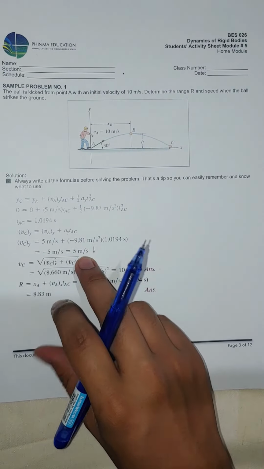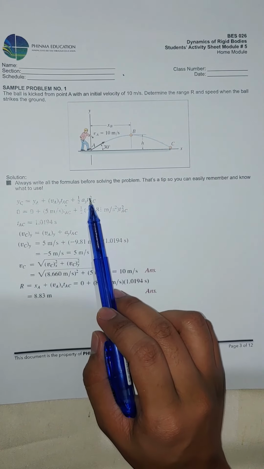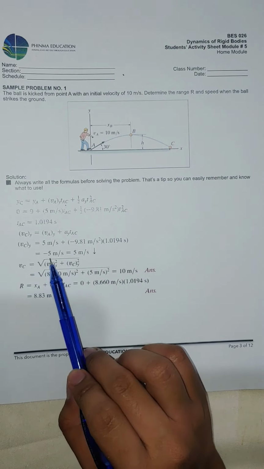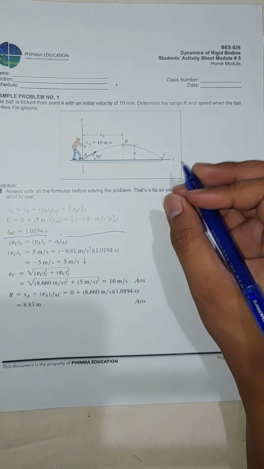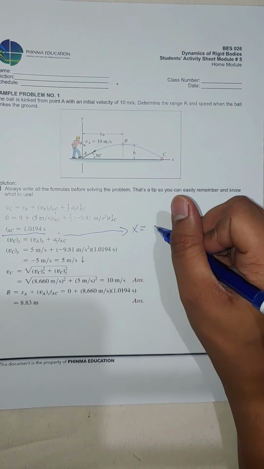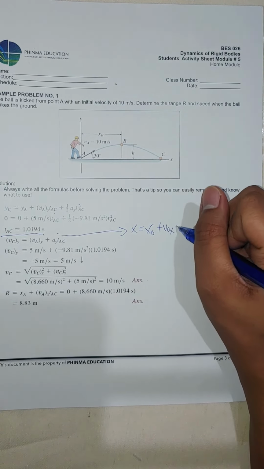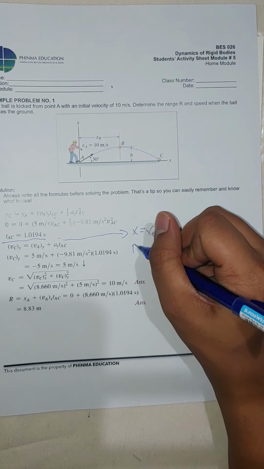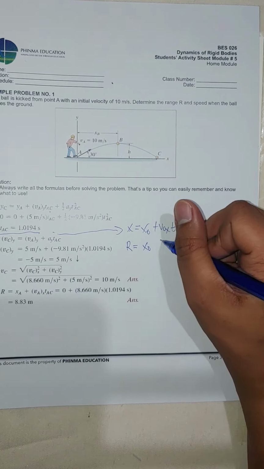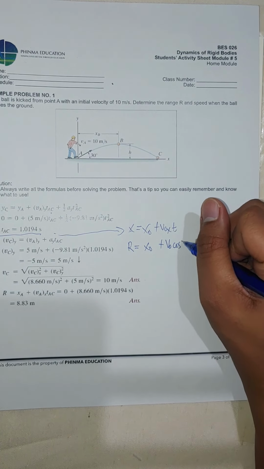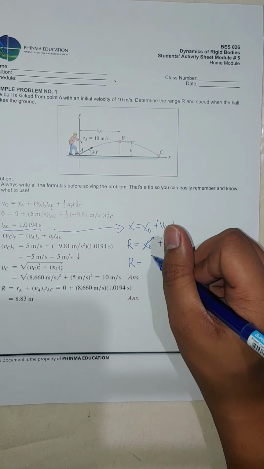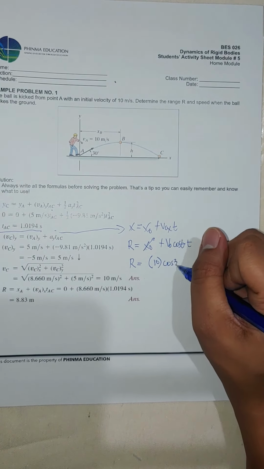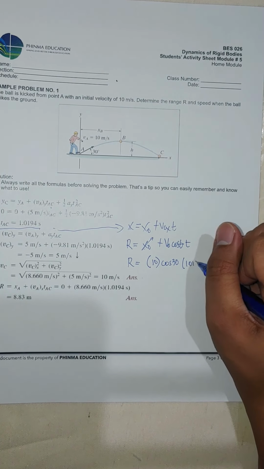So instead of using the solution above, where we solve for y and then v, we can substitute into x, or x is equal to x naught plus v naught cosine theta times t, right? So x is just the R in this case, the range. x naught is 0, then R is just equal to the initial velocity times cosine 30 degrees times the time, 1.0194.